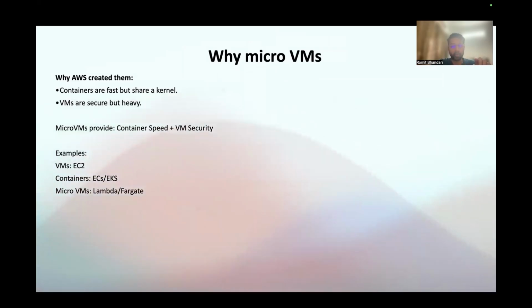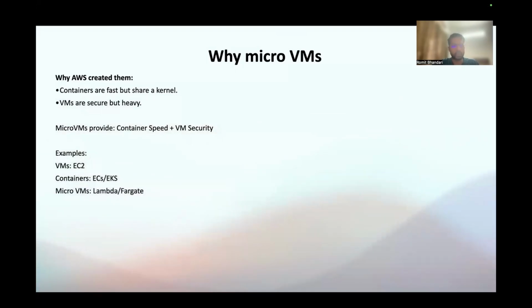Now, if I have to get the security and the speed both, VMs would be slow, containers would be fast, VMs would be more secure and isolated. So we are going with the hybrid approach, where we get the container speed and the VM security, which is what micro VMs typically have internally. So they don't have full guest OS isolation. They will have minimal guest OS isolation.